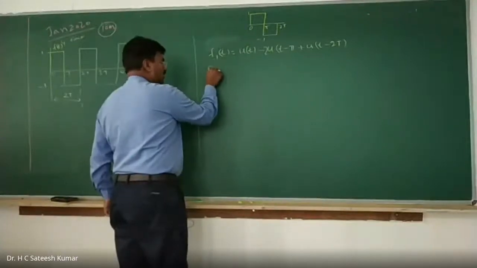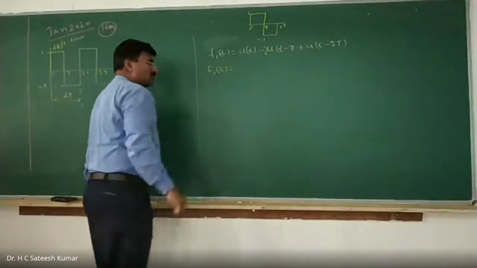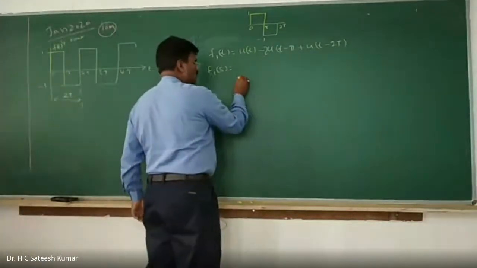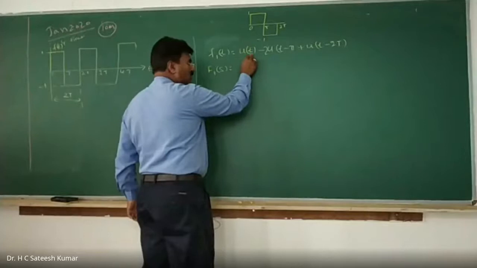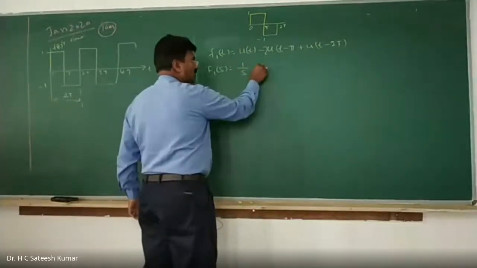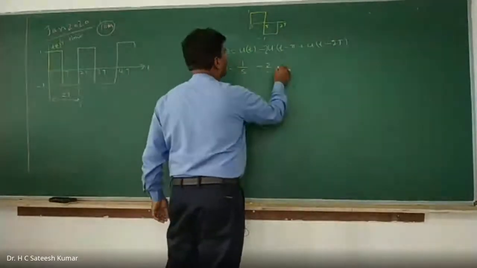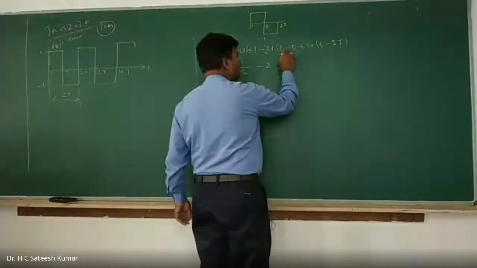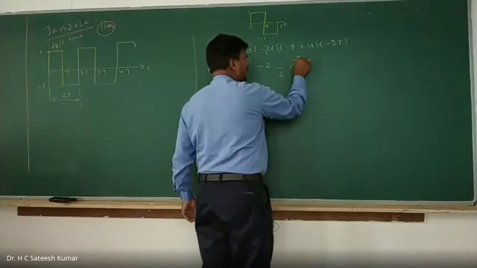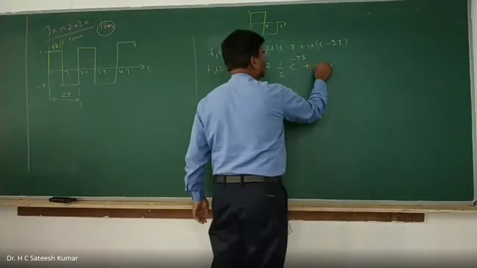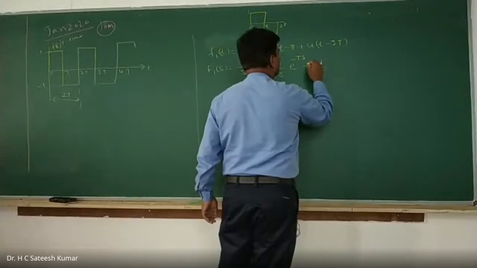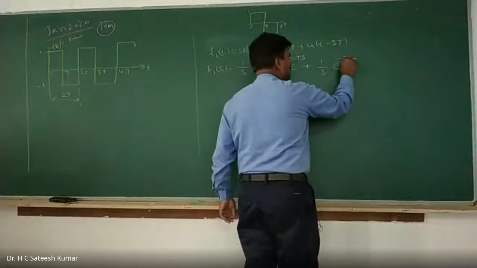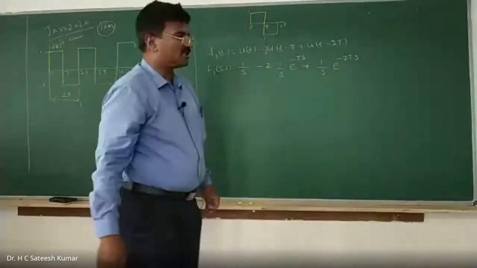And f1 of s is the Laplace transformation: for u of t it is 1 by s, minus 2 into 1 by s into e to the power of minus Ts, since it is shifted by T, plus 1 by s into e to the power of minus 2Ts.